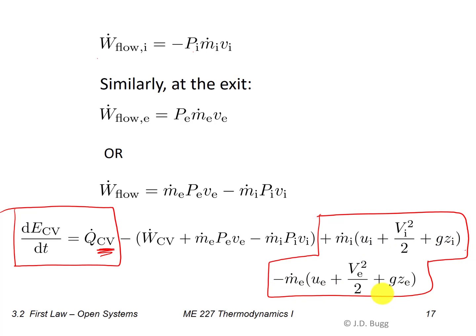However, what has changed is this term that used to be just W dot has been split into two parts. One part is the flow work that we've been talking about, and the other part is now written as W dot CV. This is called the shaft work.